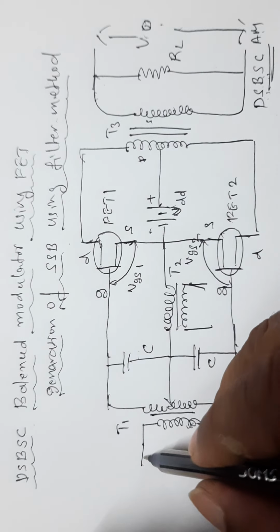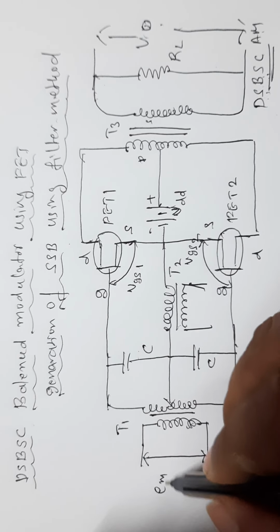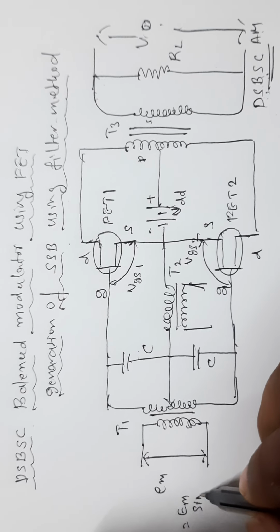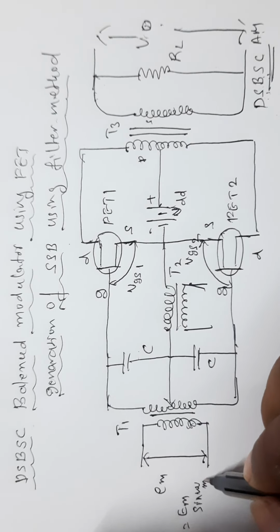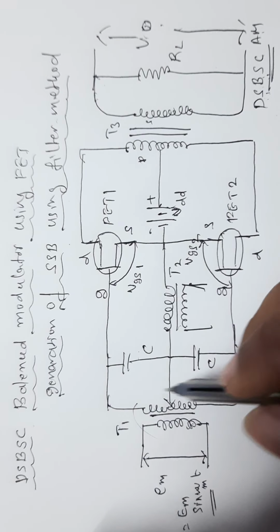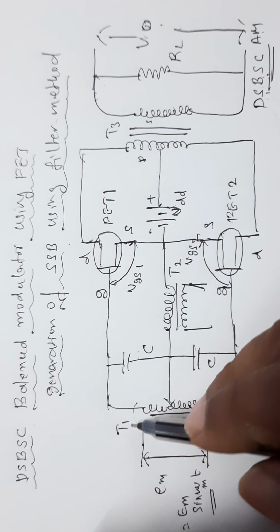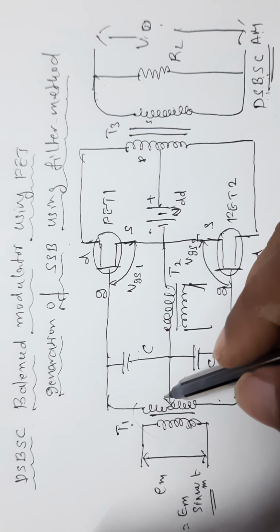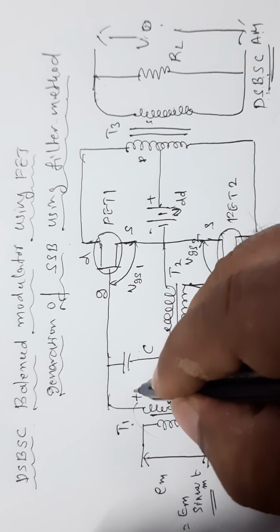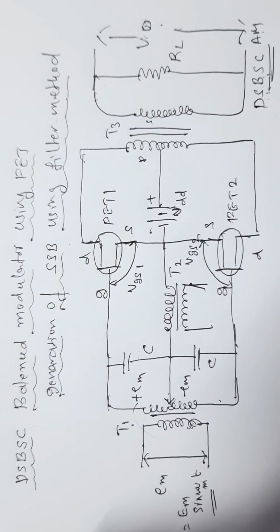Now let EM equal EM sine omega mt be the modulating voltage applied to the transformer T1. Since this transformer secondary is exactly center tapped, the upper half is plus EM and the lower half is minus EM.